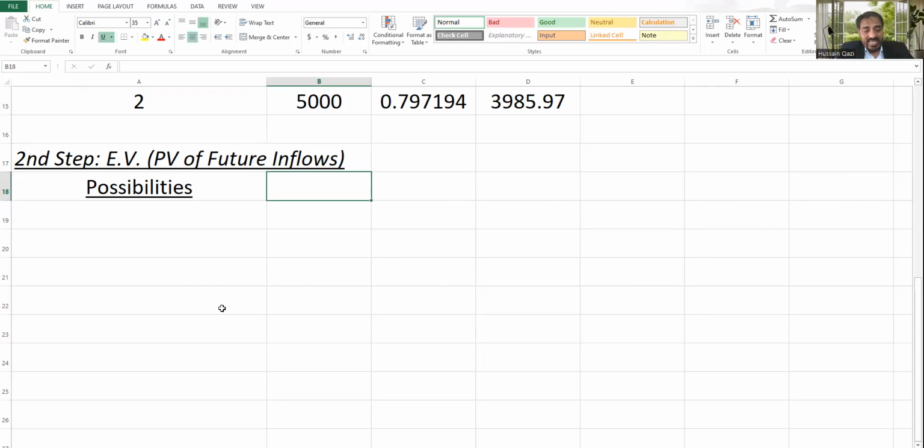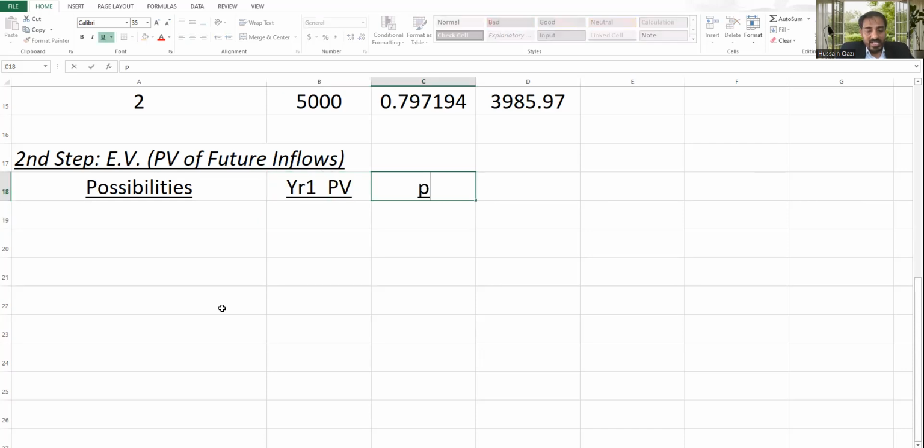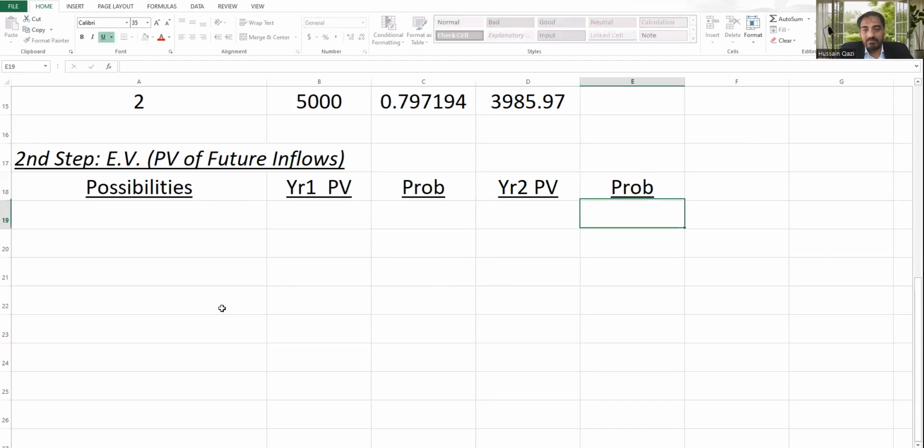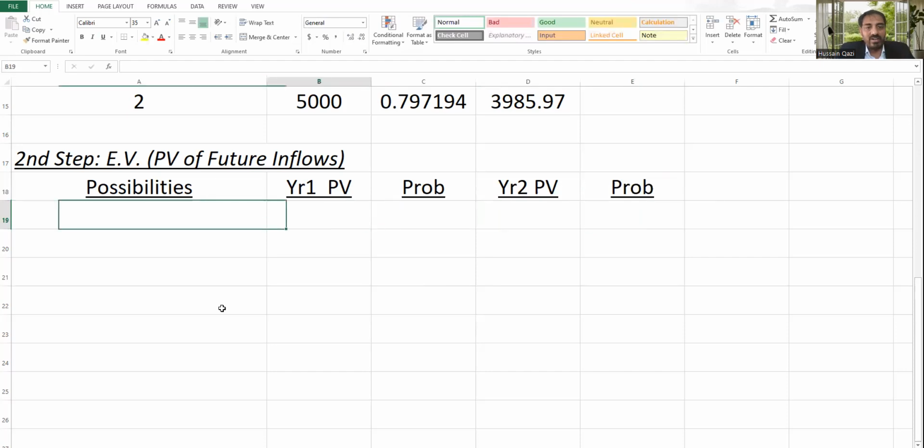Number one, year 1 present value with the respective probability. Now come on, year 2 present value with their respective probability. Come on, one by one.